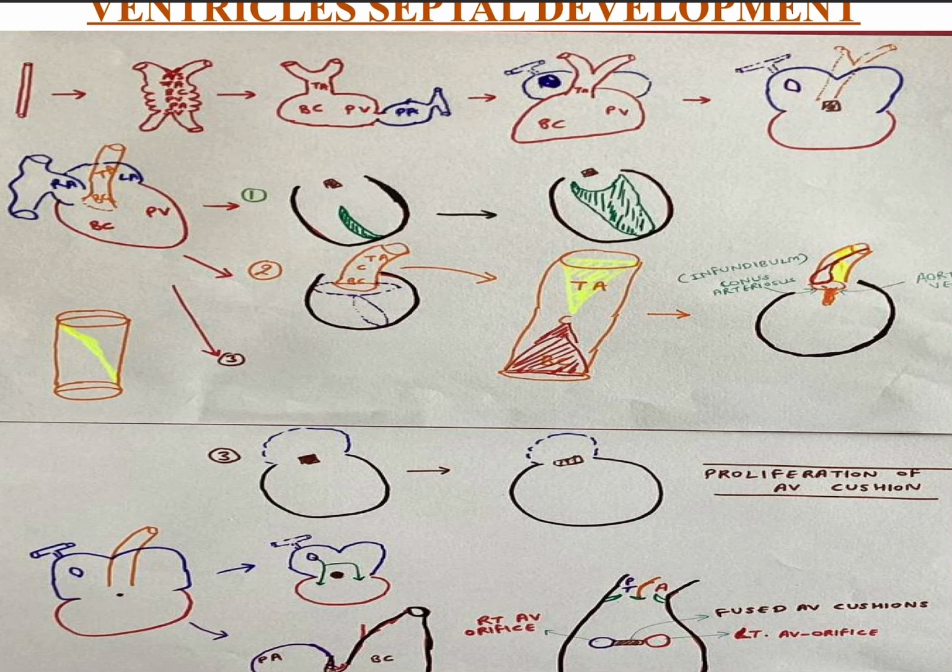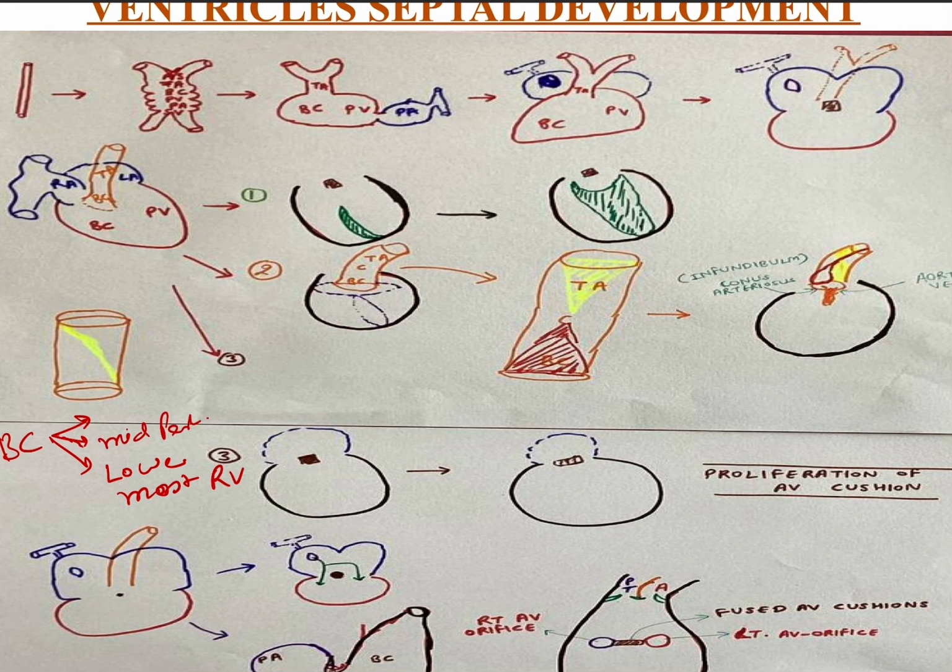I am going to explain one more important concept about bulbus cordis. Bulbus cordis has three parts. Lowermost part forms the right ventricle.